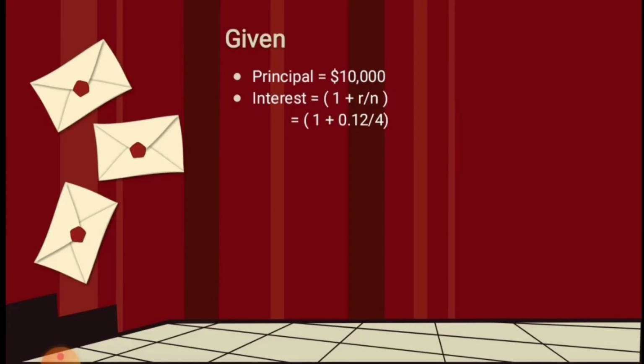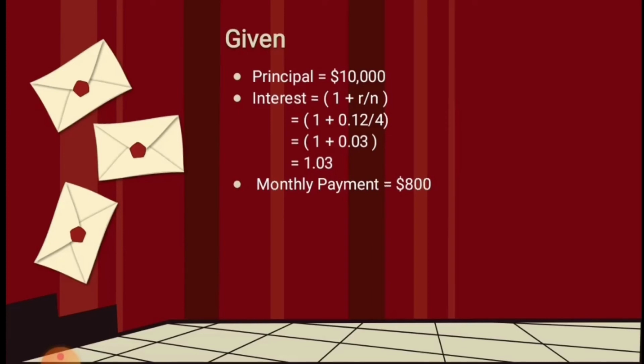Our r here is the annual interest, which is 12%, and if we transform it into decimal form, we will have 0.12 divided by 4 since it is compounded quarterly. By dividing 0.12 by 4, we get the quotient of 0.03. And if we add it to 1, we get the sum of 1.03. So 1.03 is our interest.